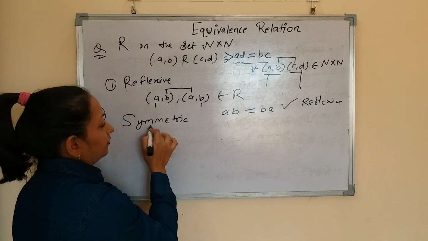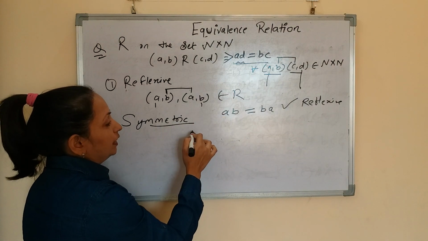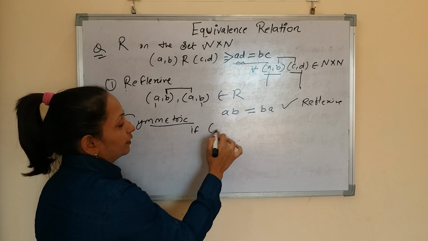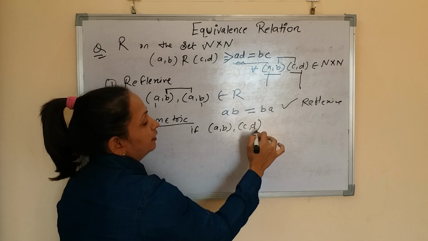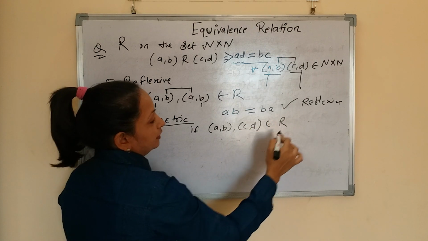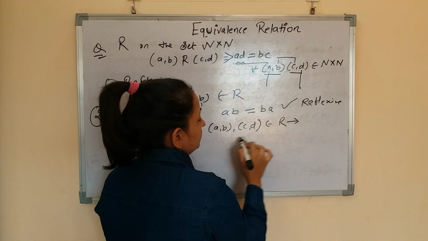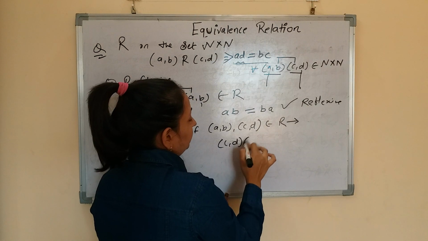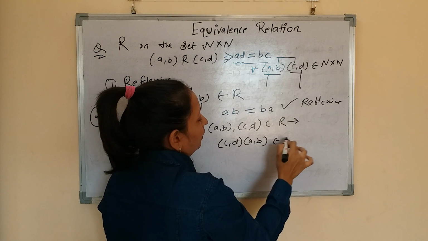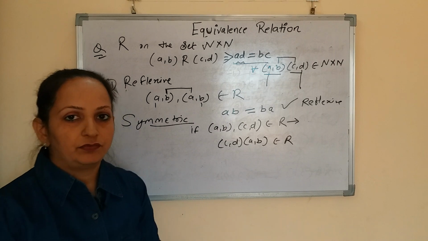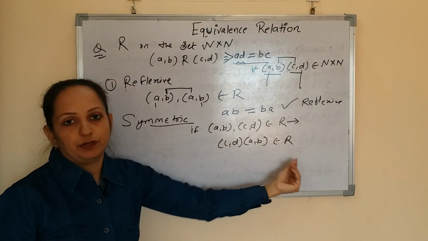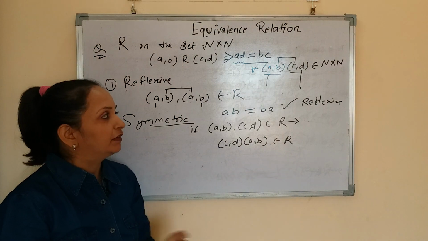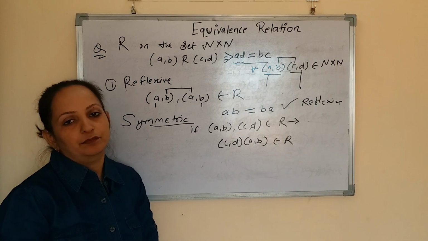That means our symmetric condition will now be that if (A,B) comma (C,D) belongs to R, then (C,D) comma (A,B) must belong to R. The condition is the same for symmetric, that if (A,B) belongs to R, then (B,A) must belong to R. But since we are working on pairs, we have to take the elements in the pair format.